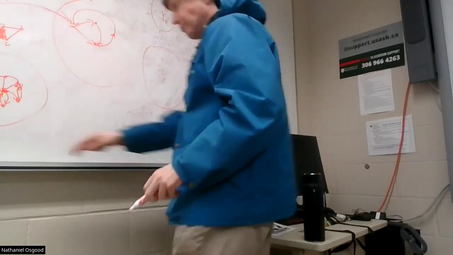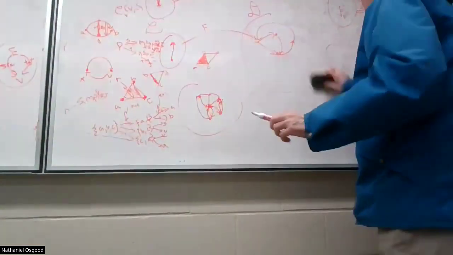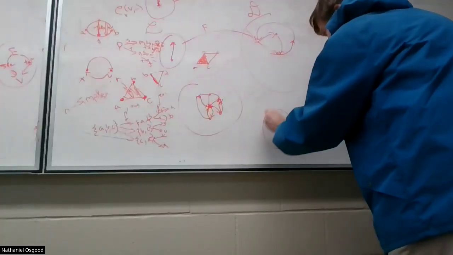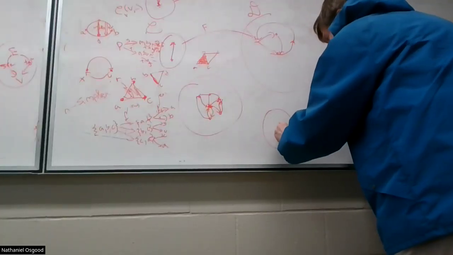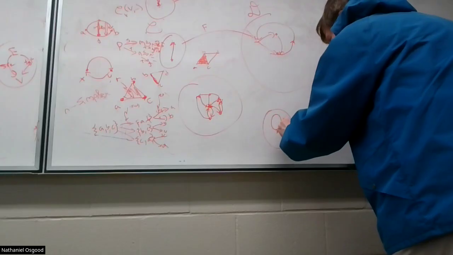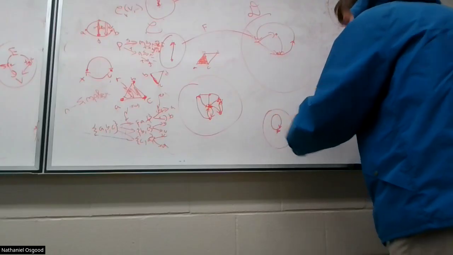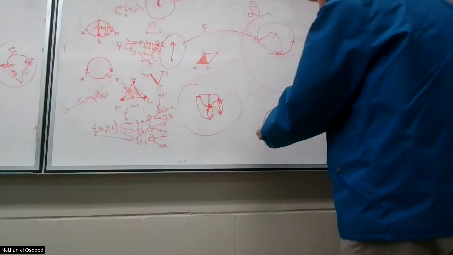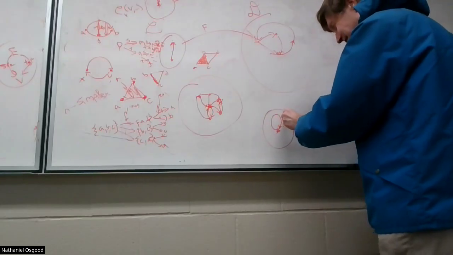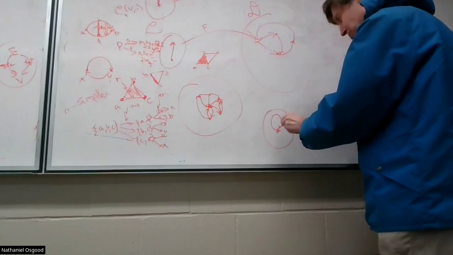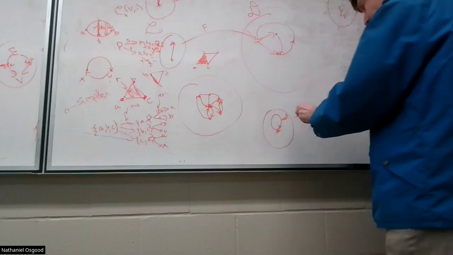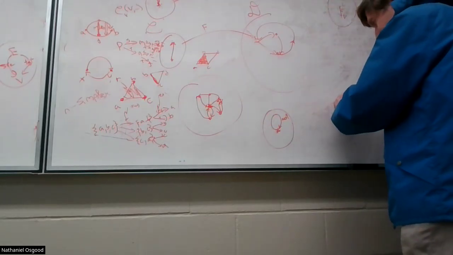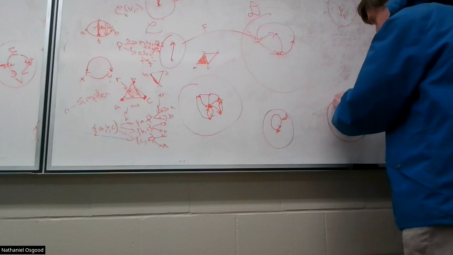So we have this here. Maybe I'll put it down here so it's a little more visible. Here we have a little schema category. And here we don't have to worry about op because op just flips around. It looks the same. And this is set.